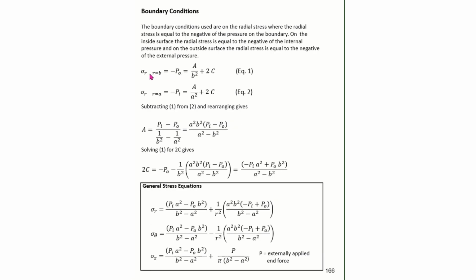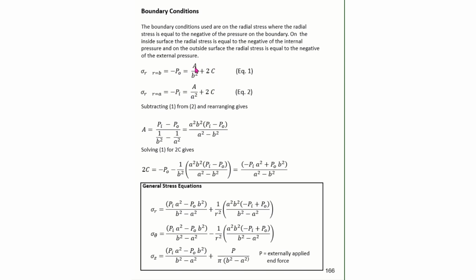So coming over here, the radial stress at r equals b is equal to the negative of the external pressure, Po. And the other boundary condition is sigma r at r equals a at the inside surface is equal to the negative of the internal pressure, minus Pi. Now we have two equations and two unknowns.